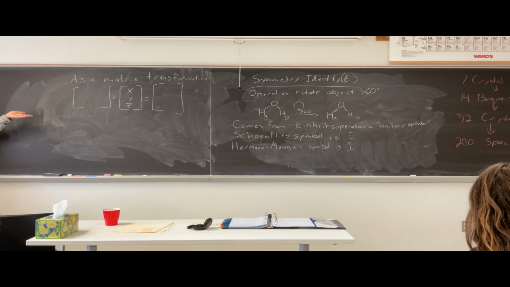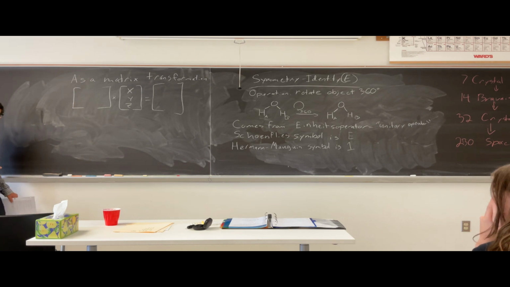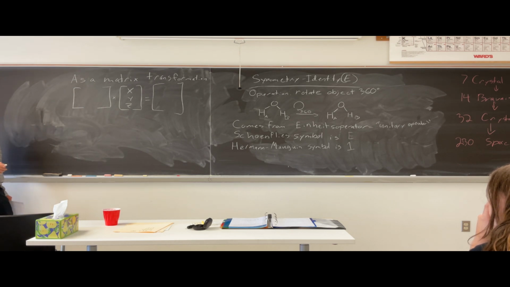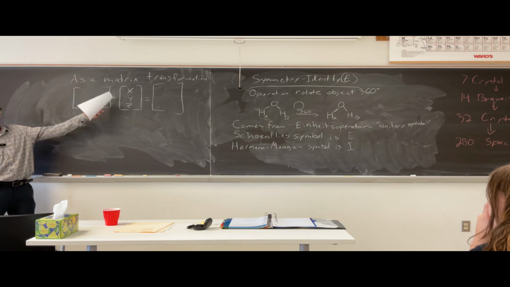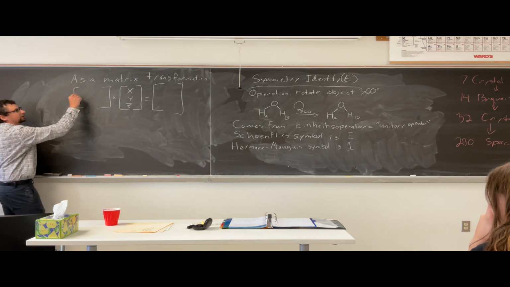What is this one going to look like? So remember, we got X, Y, Z along the diagonal. Then we have different combinations of those coordinates. So if nothing changes and we have to have a 3 by 3 matrix, what is this going to look like?